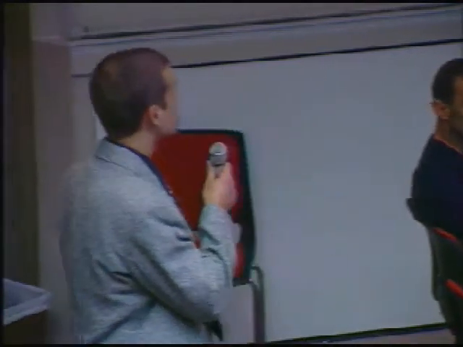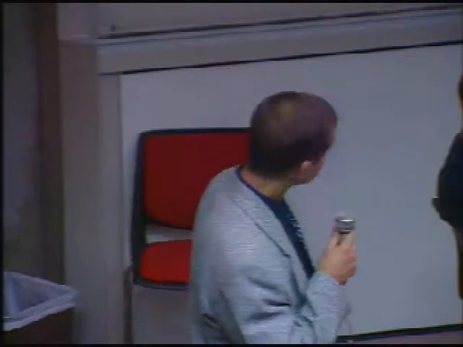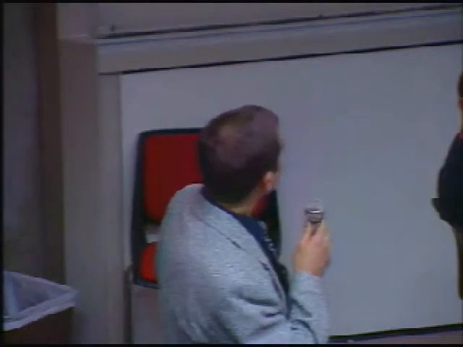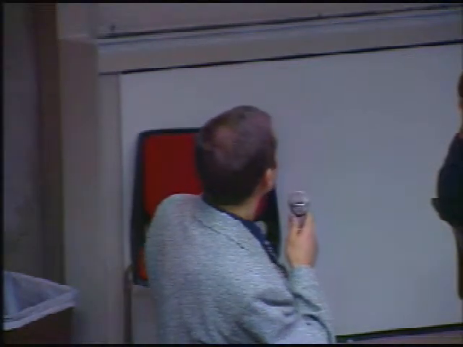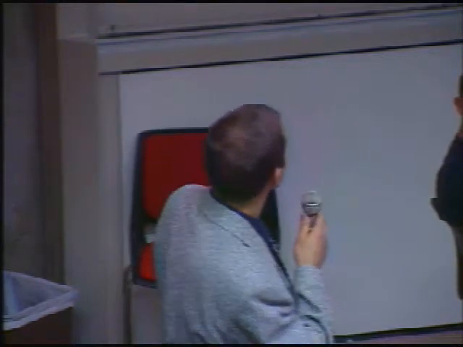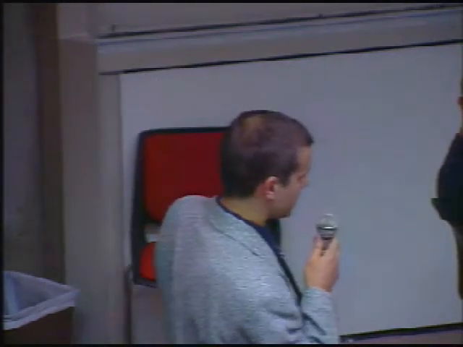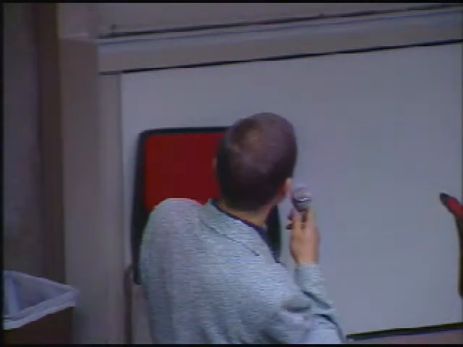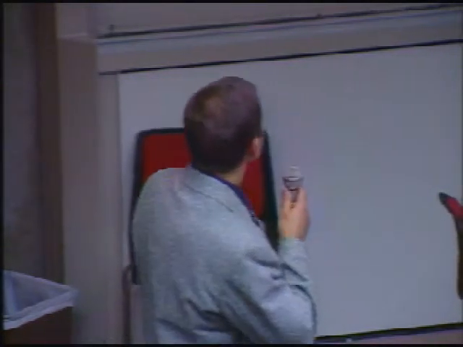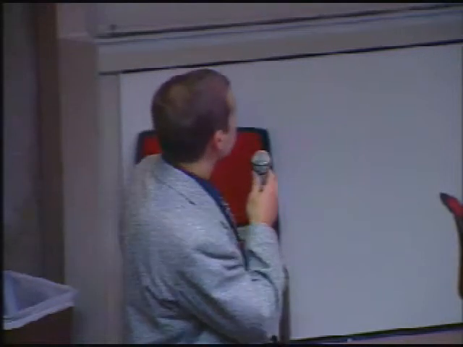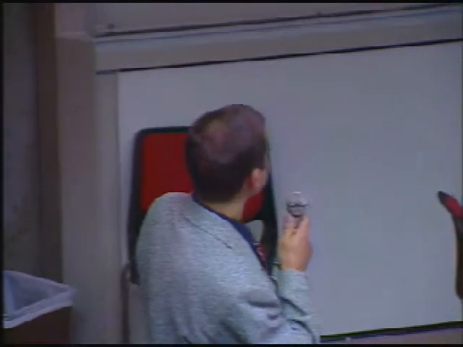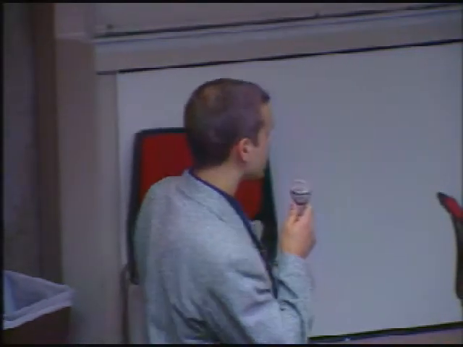We decided to use M-bone tools, that's VIC, RAT and WBD for shared whiteboard, because they are able to cover a multitude of different platforms, especially different Unixes and Microsoft Windows platform. Our primary decision was to replace multicast by mirrored unicast by reflector technology.